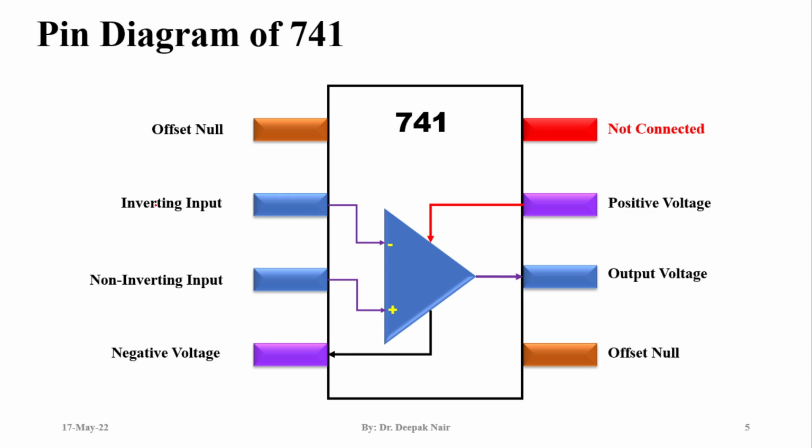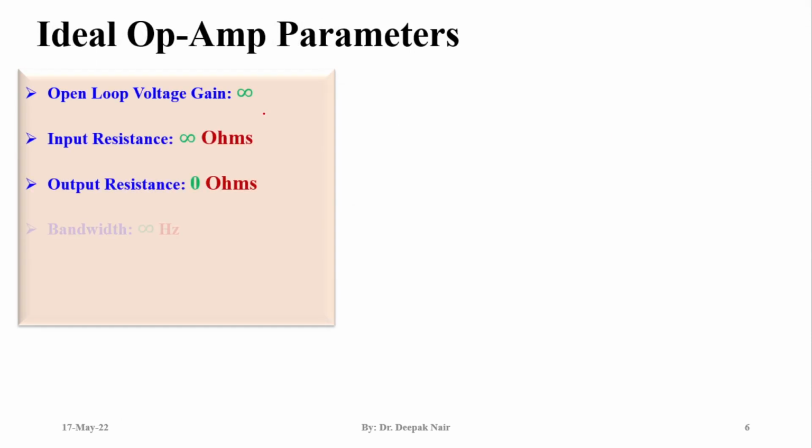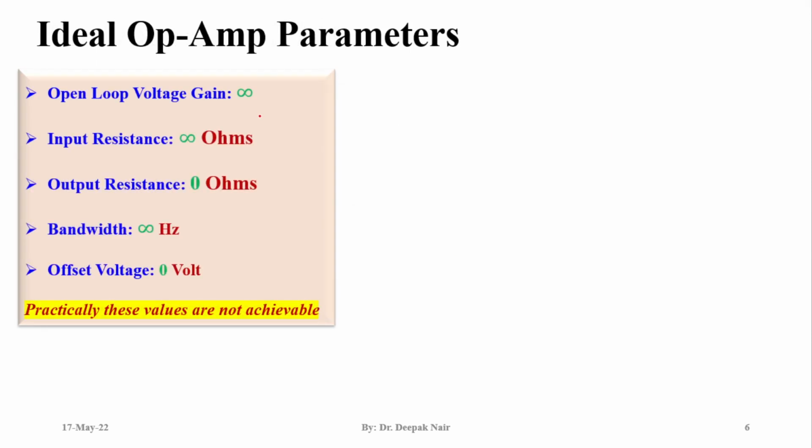There are many types of op-amps, but I am talking about IC 741, which is very common in the electronics world. So what are the different ideal operational amplifier parameters? The ideal operational amplifier's voltage gain should be infinity. That means when we say voltage gain, it is generally written like this: V output upon V input.